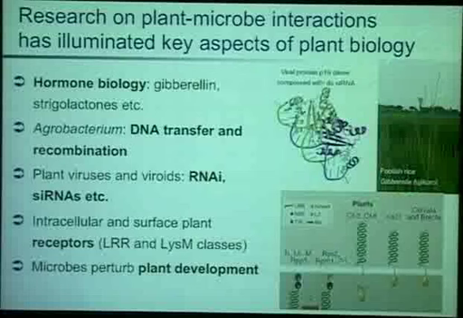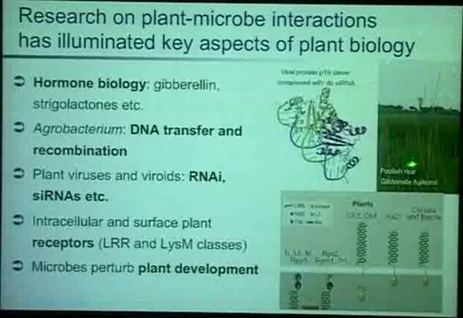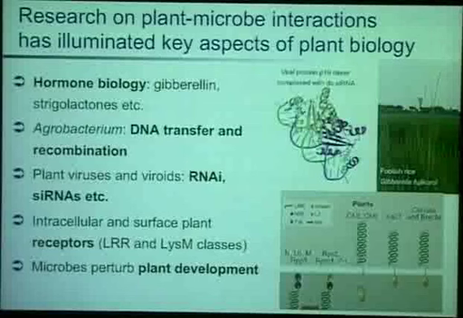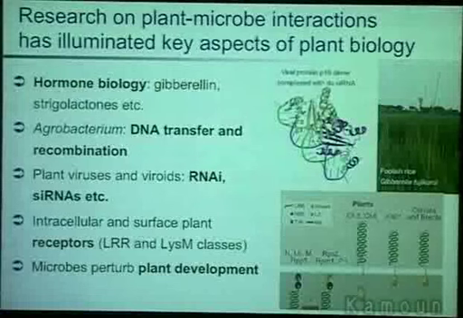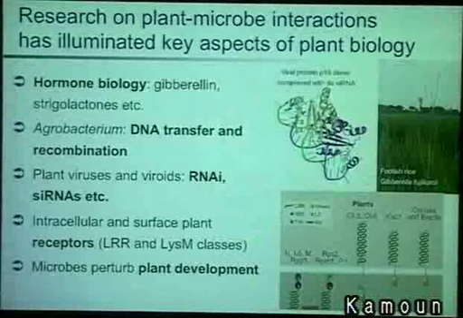This is work on Gibberella fujikuroi, a fungus that causes foolish rice, this really tall rice, and this is due to the secretion of gibberellin. In fact, gibberellin was first discovered from this fungus. And of course, work by Jonathan Jones and many others has revealed the first LRR type receptors in plants thanks to the study of their response to plant pathogens.